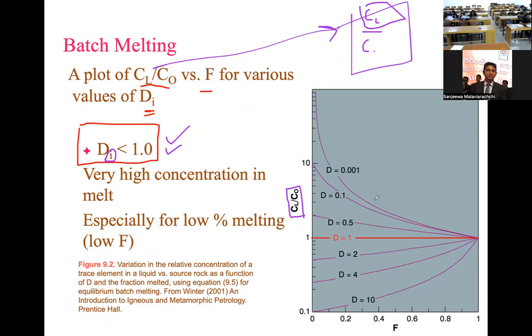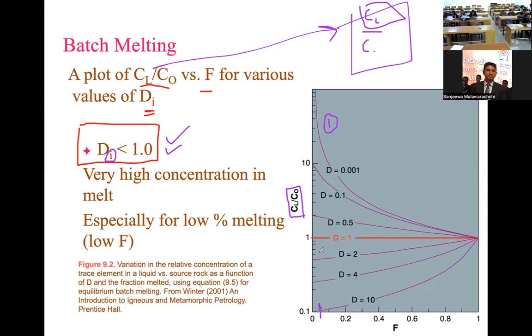Okay, so these are experimentally determined curves for this relationship. You can see here, let's put this as number one, this curve. If you have a very small fraction of melting, say this is 0.1, 0.05 here, let's take this F amount.